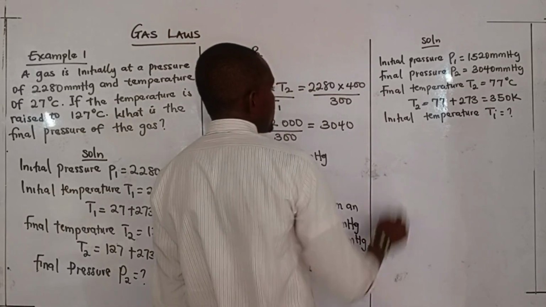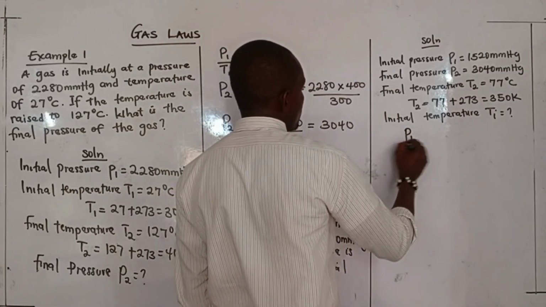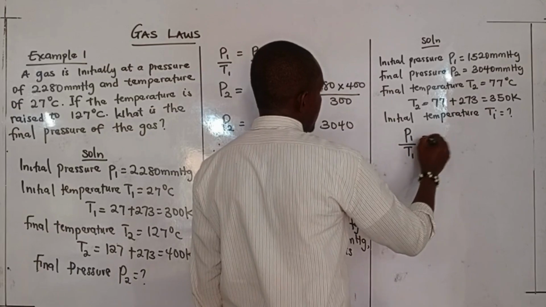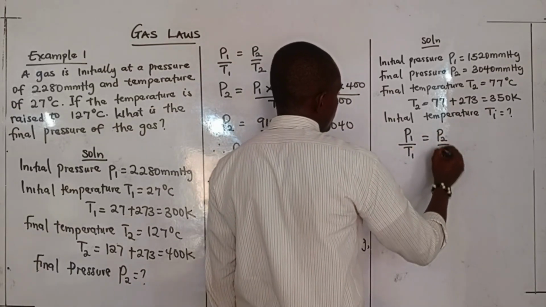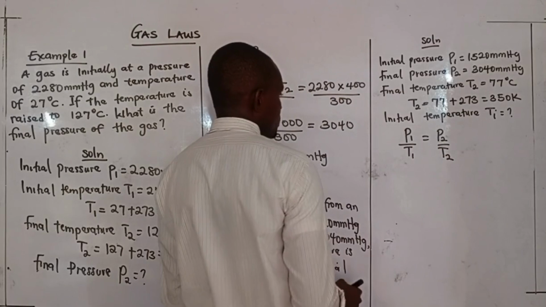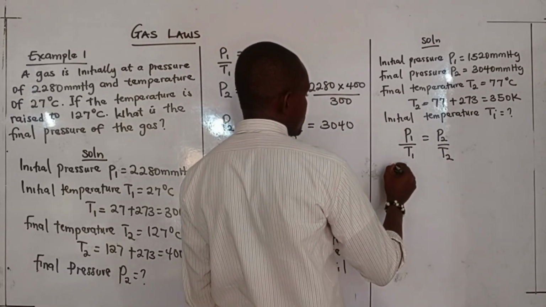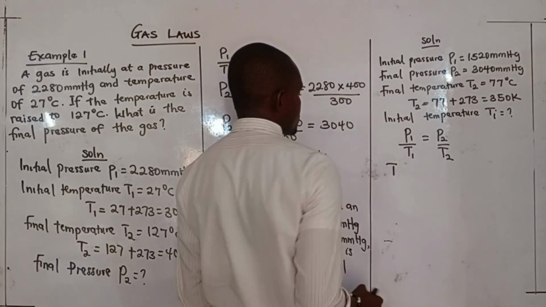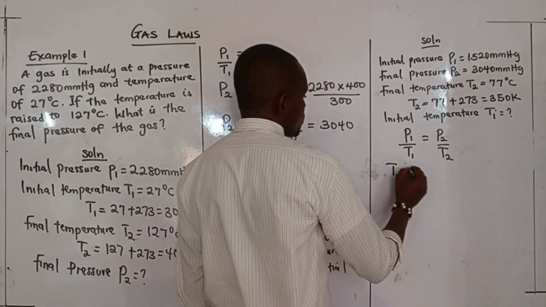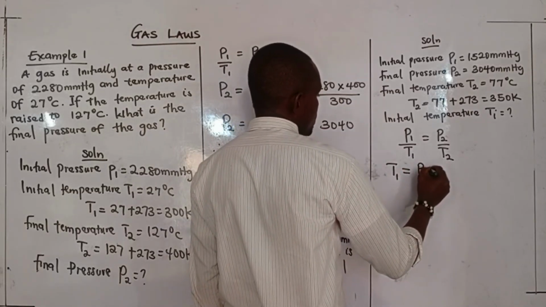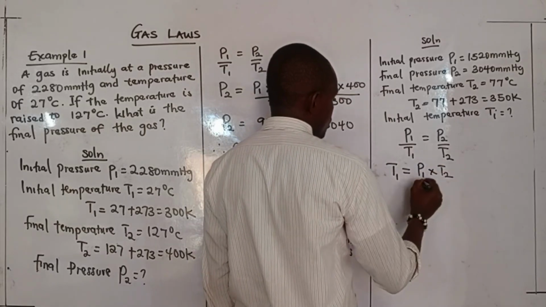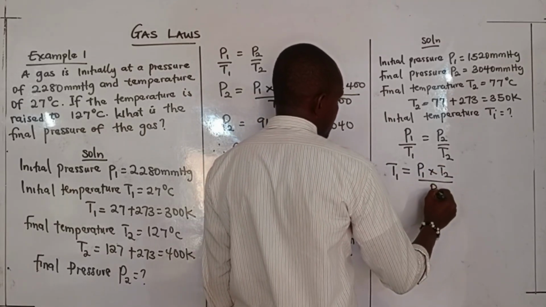So we use our relationship: P1 over T1 is equal to P2 over T2. Making T1 the subject of the formula, we have T1 is equal to P1 times T2 divided by P2.